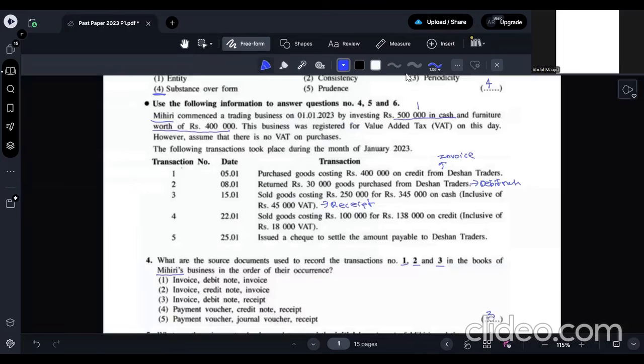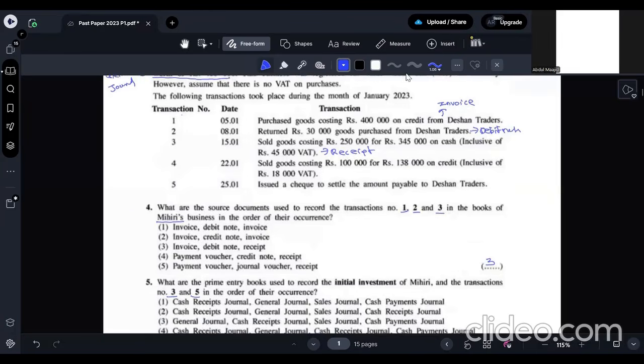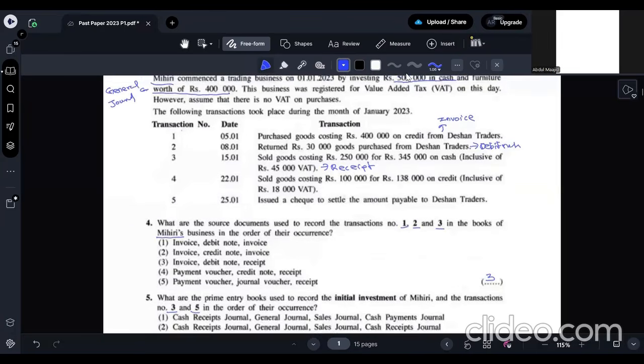So for the cash investment, that will be cash receipt journal. And for the furniture, that will be general journal. So they are for the initial investment. The third one is a cash sale, that will be cash receipt journal.